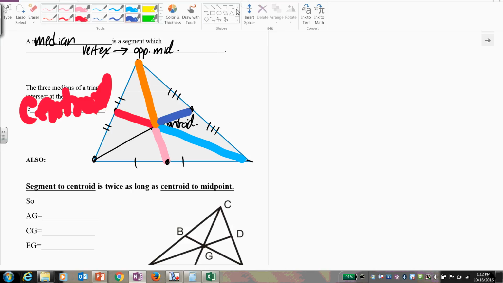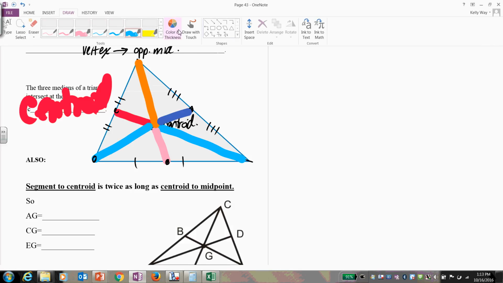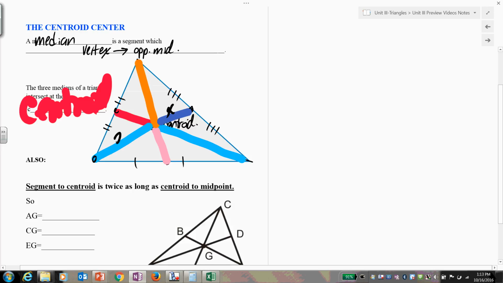Or that dark blue segment is half of the light blue, or it takes two dark blues to go into the light blue. Once again, the relationship all the way around is an x to 2x relationship.